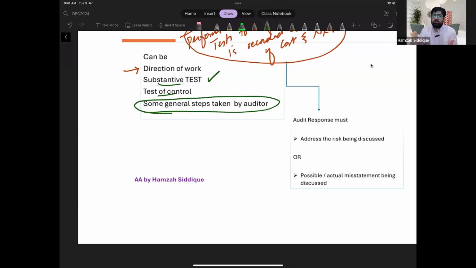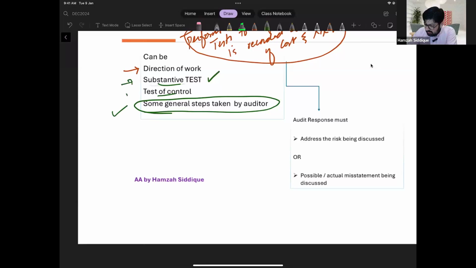This is general direction of work. Or perform interim audit this year to avoid less work to be done at year end, and final audit. This is again general steps taken by the auditor. Again, it can be the response.